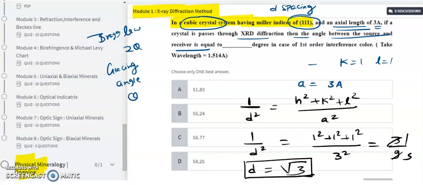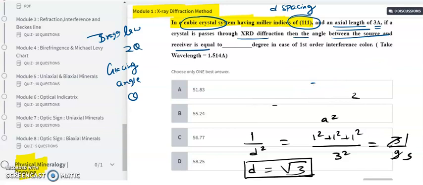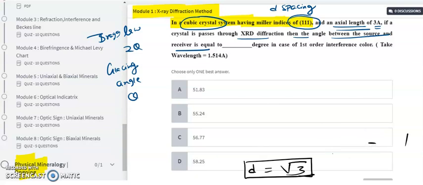I will erase the board for a while because we got the d value. Now we will use our Bragg's law and we will get the value of our 2 theta. Wavelength is also given. Bragg's law is given by n lambda is equal to 2d sin theta.